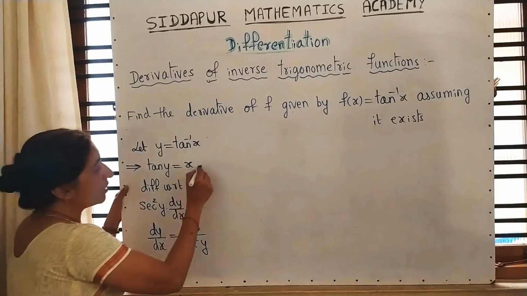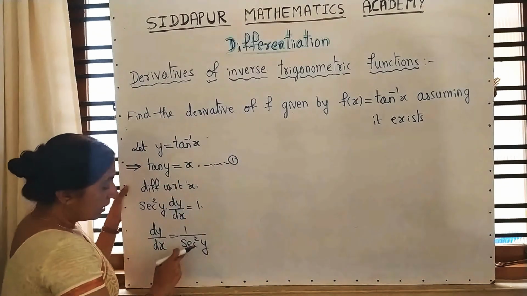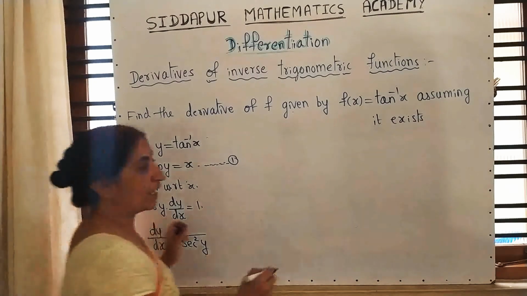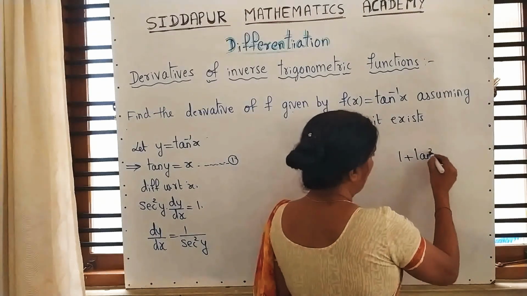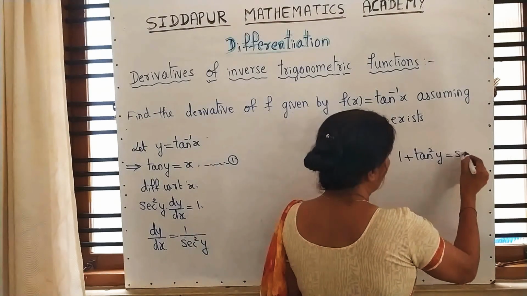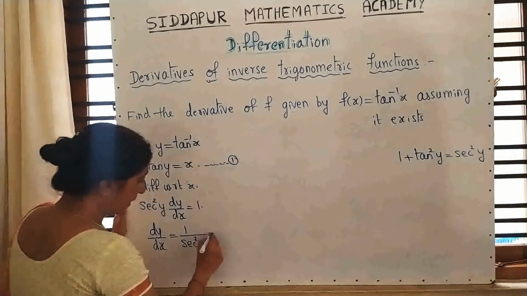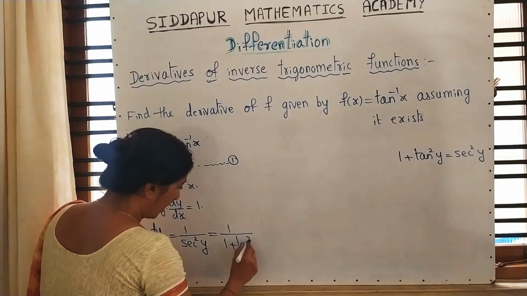Here what is equation 1? Equation 1 is tan y is equal to x. That means you have to convert secant square y in terms of tan. What is that identity? 1 plus tan square y is secant square y. That means in place of secant square y, we are writing 1 plus tan square y.